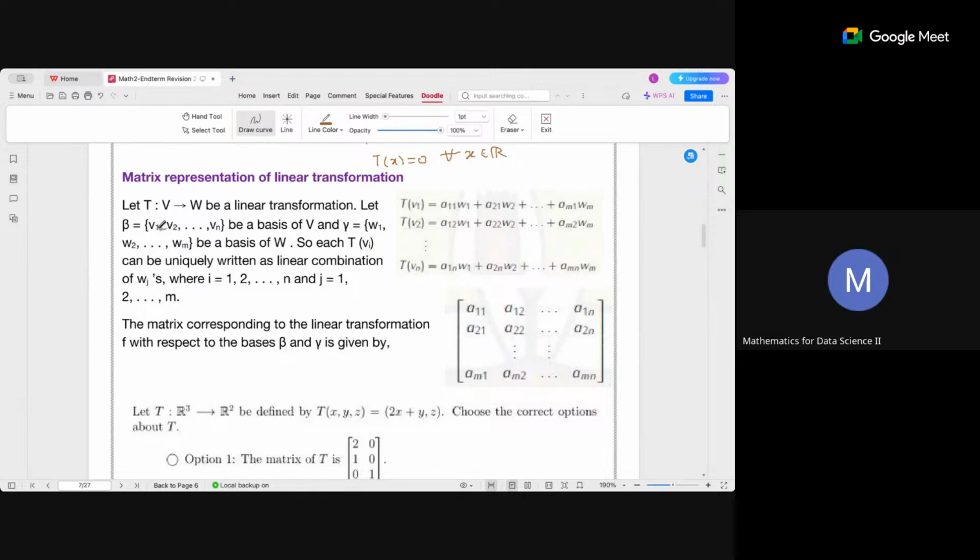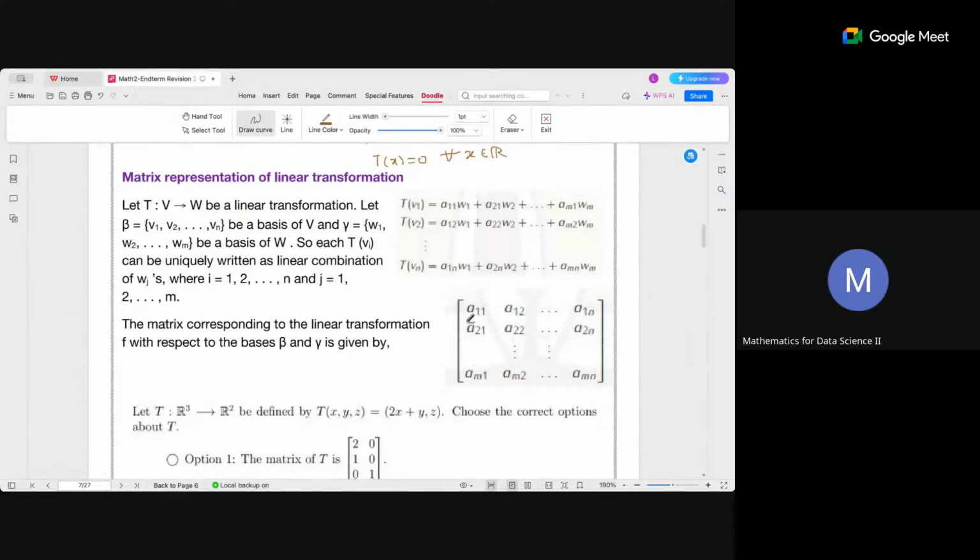Here are two bases given for V and W. Now you write the images of each of the basis elements V1, V2, Vn of the domain as a linear combination of the basis elements W1, W2, Wn of the codomain.